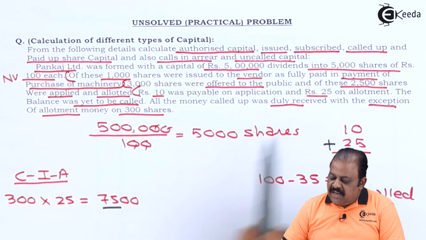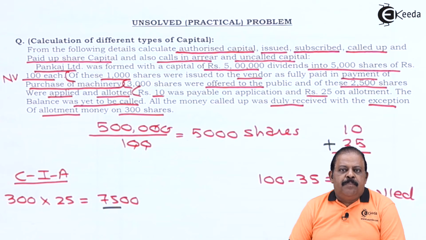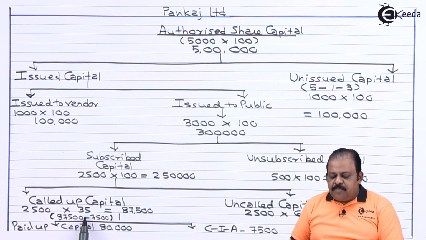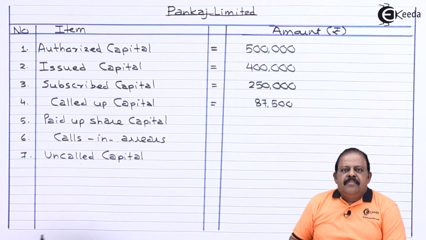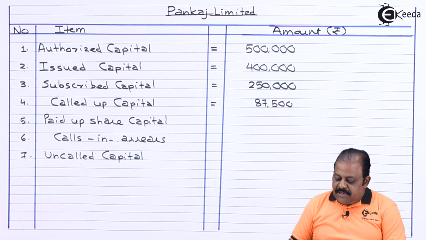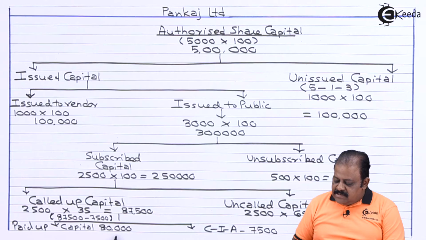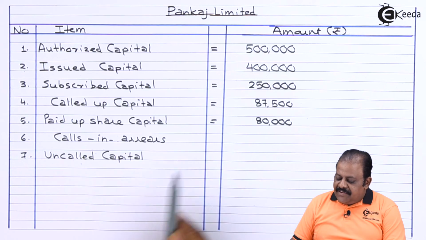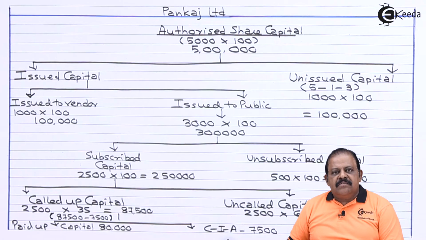So 10 plus 25 is called up amount per share. Called up capital 2,500 shares, per share 35 rupees, 87,500. Next, paid up share capital. Paid up share capital is 80,000. Next, calls in arrears. Calls in arrears rupees 7,500.